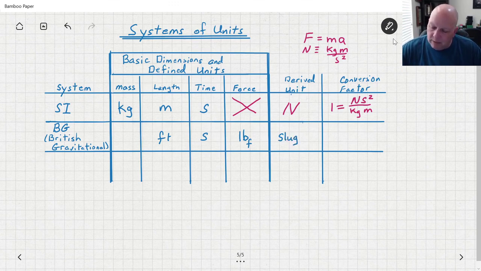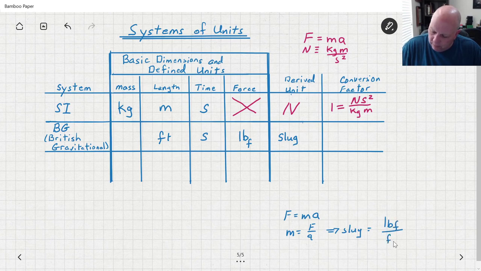And if I look at F equals ma again, let me just write it down here at the bottom, F equals ma. If I want to derive my unit of mass, then the mass is going to be F over a, so a slug would be equal to a pound force divided by a foot times a second squared.